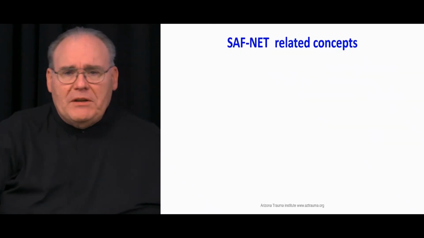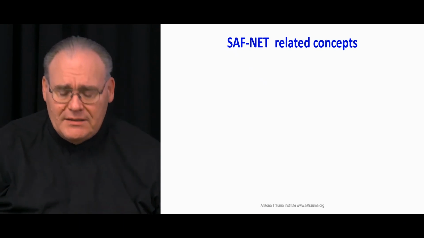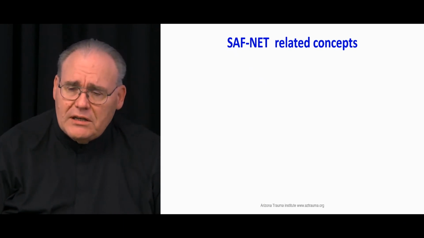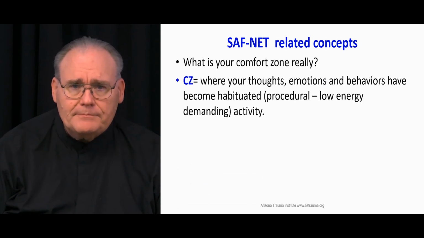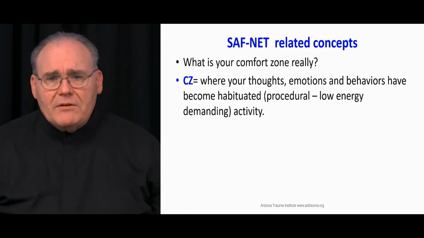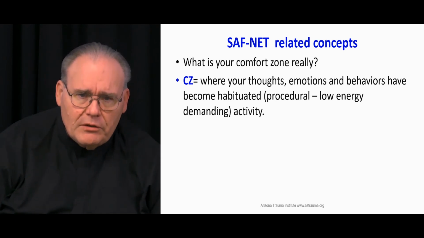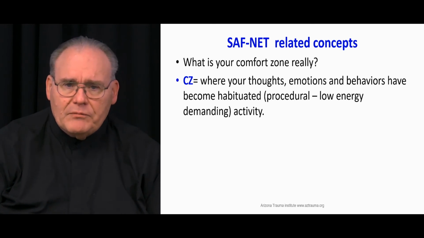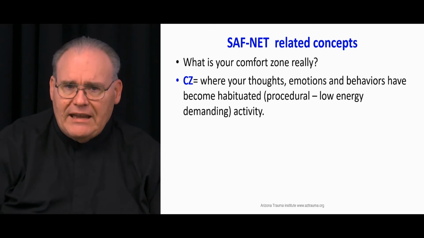So I'm going to spend a few minutes talking about related concepts to what we've covered so far, and I'm just going to kind of bullet point them out. What is your comfort zone really? Your comfort zone is where your thoughts, emotions, and behaviors have become habituated. In other words, you have procedural memory. These are low energy demanding activities.